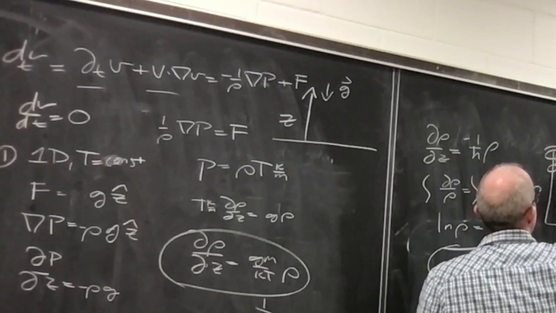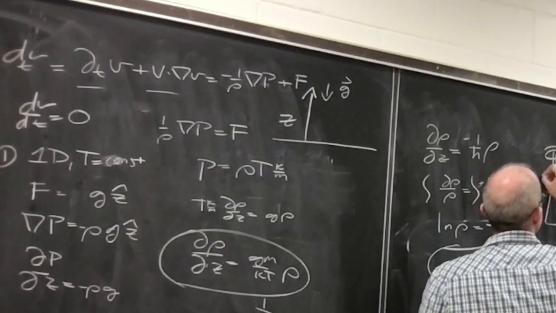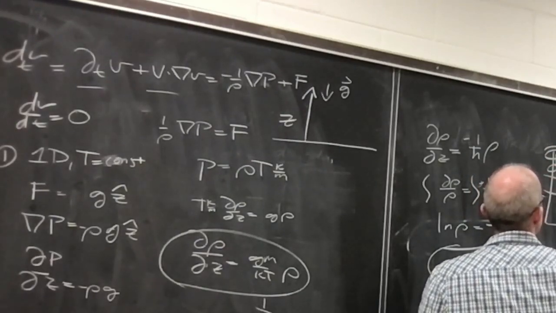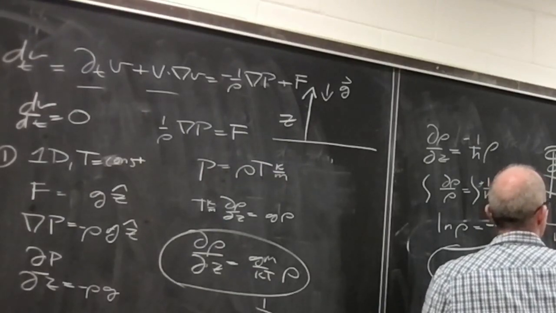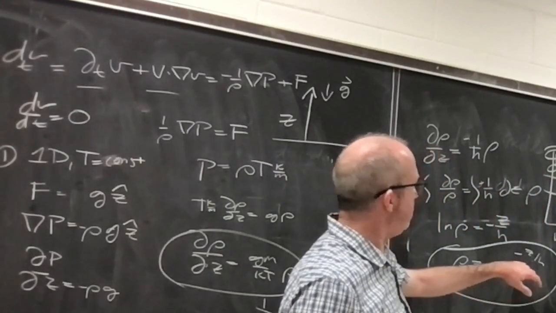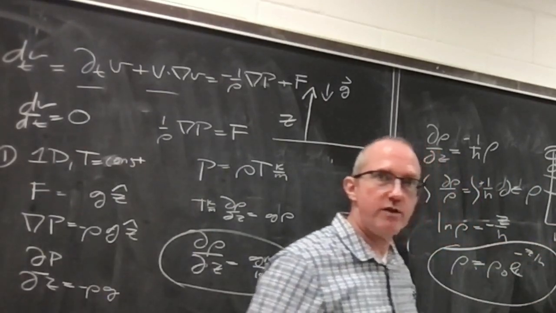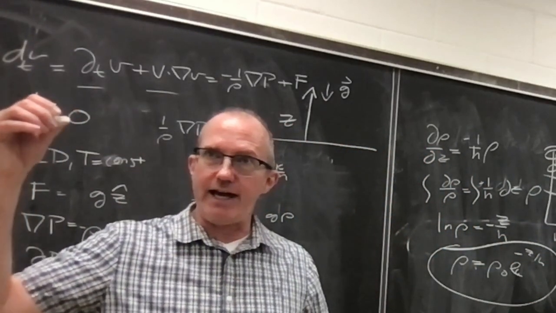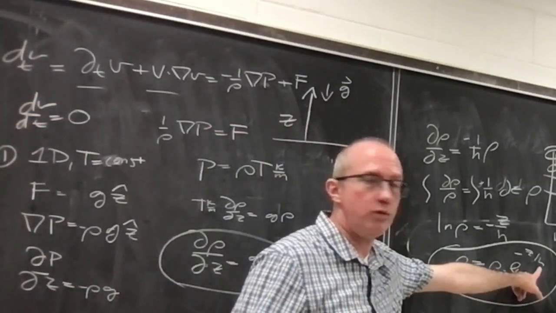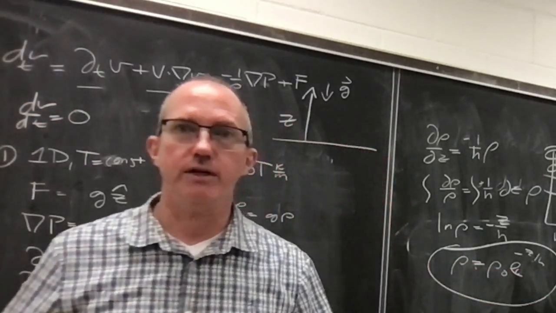Wherever it's half of its initial value, I get basically the scale height, or what we call the scale height of the gas. So that's effectively how thick the gas is. Well, it's about where it falls off to half of its original value.